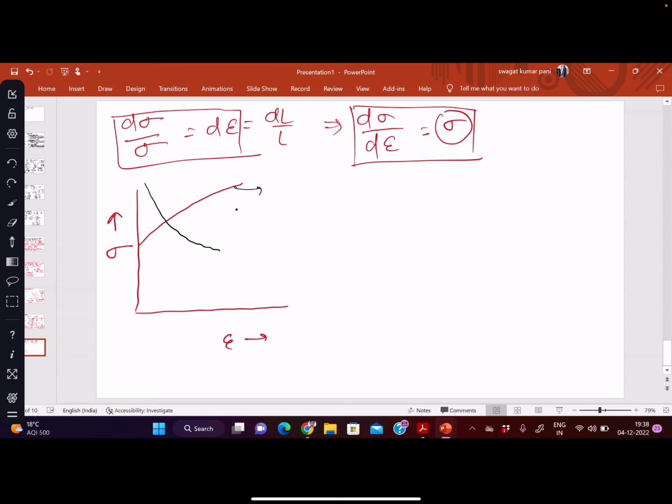So this curve is the stress strain curve, and this curve is d sigma by d epsilon. At this point they intersect. So at this point d sigma by d epsilon equals sigma.